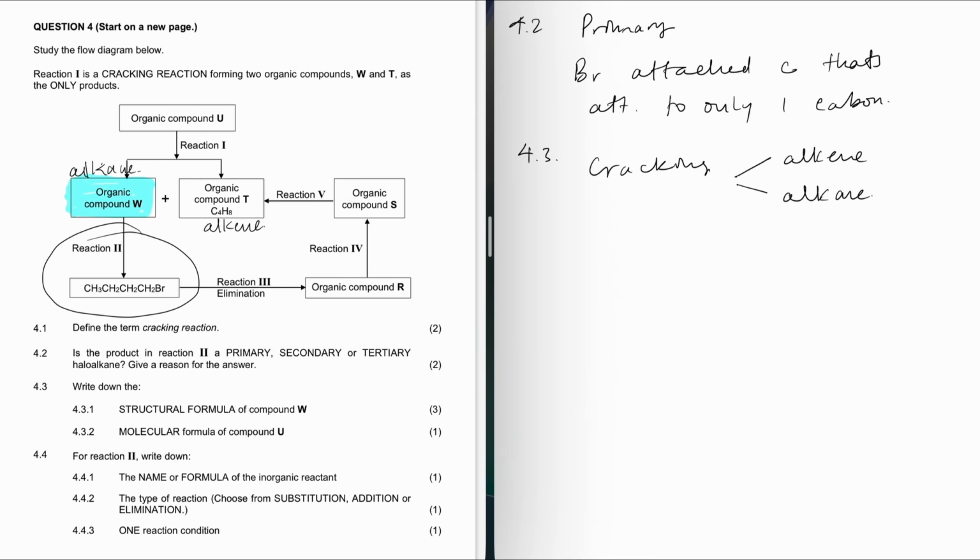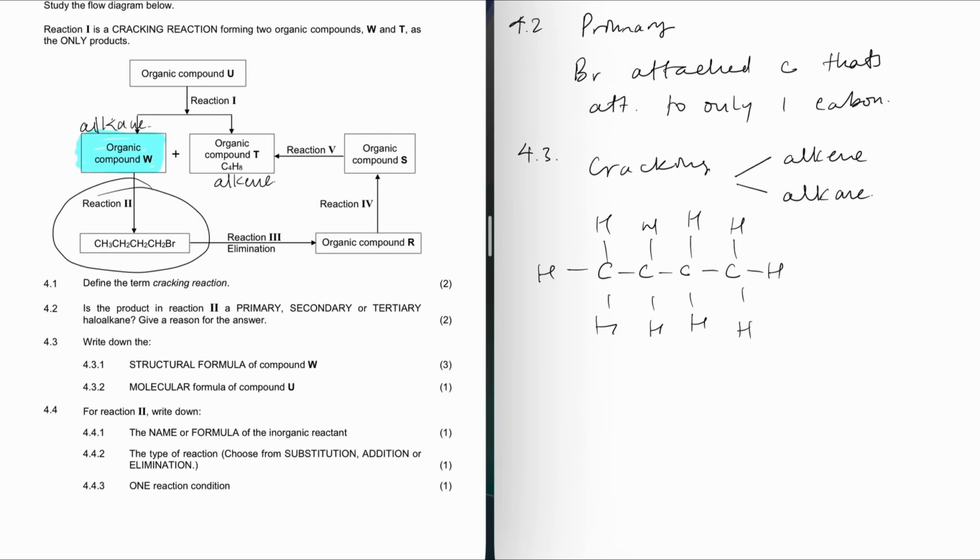So reaction 2 produces a haloalkane, which means W must be the alkane version of that without the halogen. So simply it's going to be 4 carbons, and it's going to have 10 hydrogens. Now the next question, 4.3.2, says write down the molecular formula of compound U. So compound U is the original compound at the beginning.